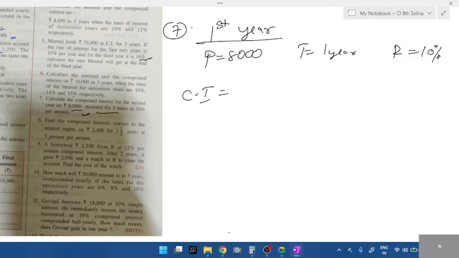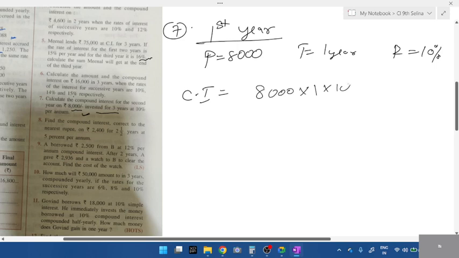Okay, what did you get for second year? Calculate even for second year, Andrea. Okay, Anna done. 8,000 into 1 into 10 divided by 100. Two zeros get cancelled. We have 800.